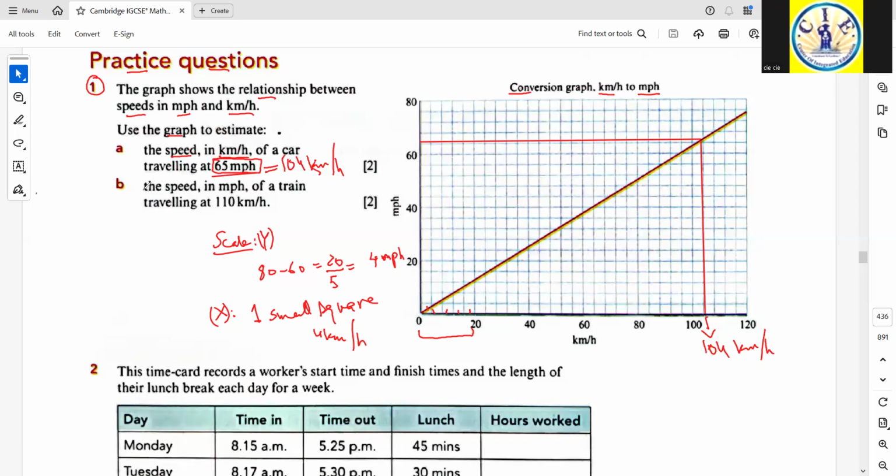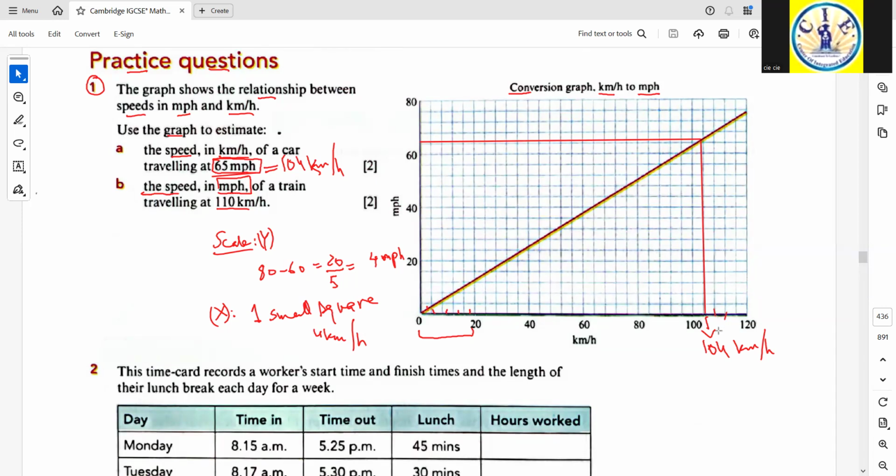Okay. Now for part B, we need a speed in miles per hour given the speed of the train is 110 kilometer per hour. So for 110, this would be 104. This would be 108.